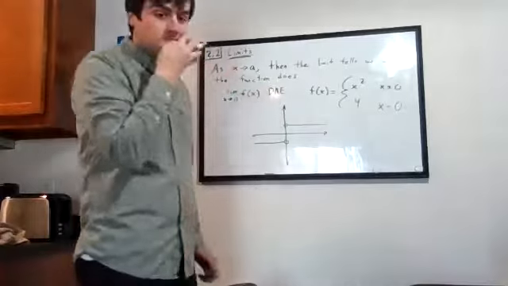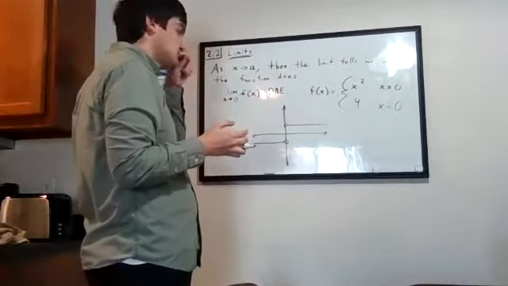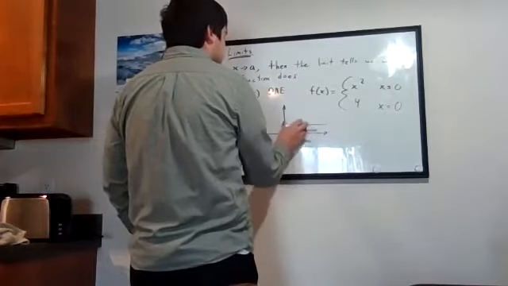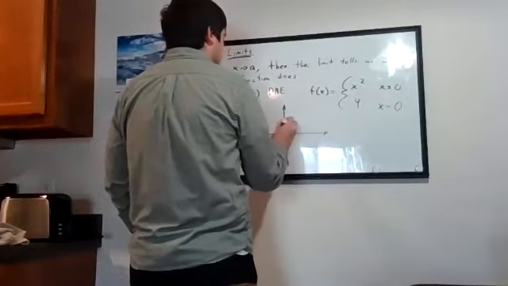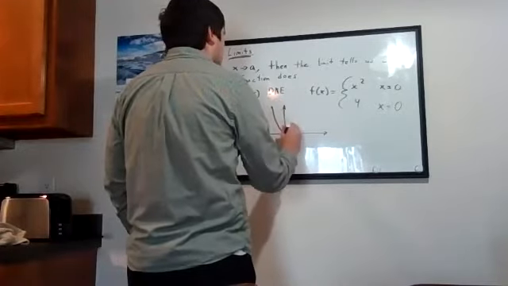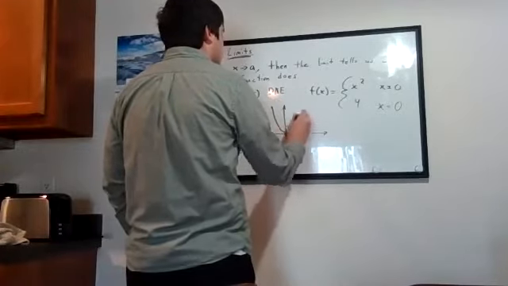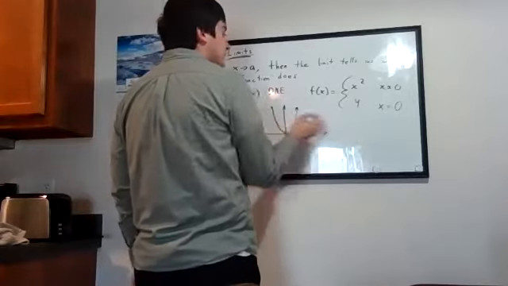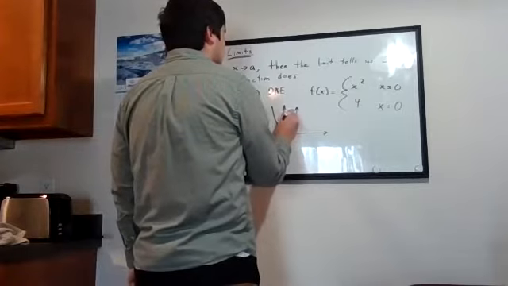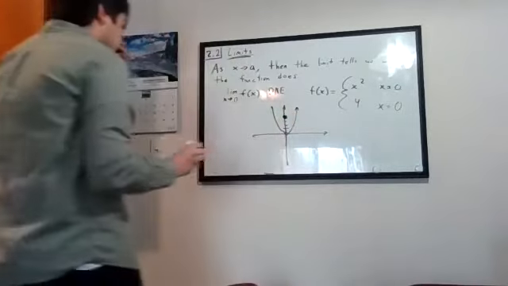Okay, so what does this look like now? Well, on the left side, we're going to have a parabola, but right at that point, we get the number. So our graph is going to look something like this, right?